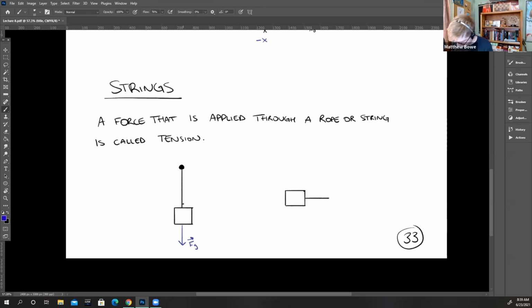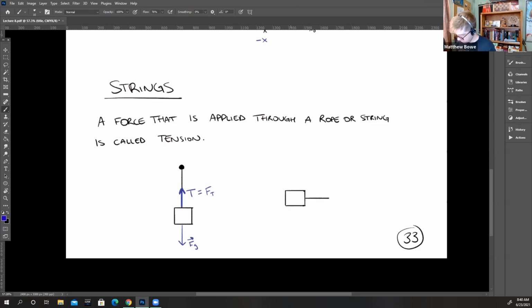I could draw it on the side, or I could draw it on the string itself. And that is tension, T. That is also just a force. So I could just say T, or I could have said F of T for the force of tension. It is just a force, so mass times acceleration applies as well.